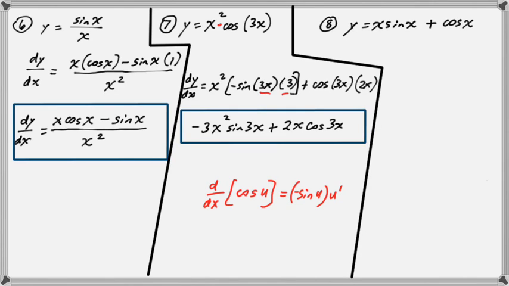Okay, number 8, I have another product here and an addition. So I'll do the product rule. I'll bring the x down times the derivative of sine, which is cosine of the same angle times the derivative of the angle. Plus, bring down the sine of x times the derivative of x, which is 1.